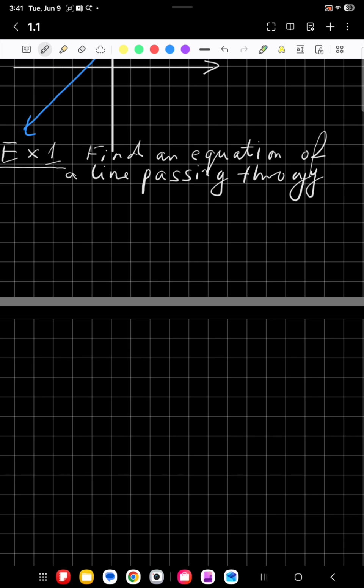Those 2 points are 1, -1, and then 4, 1.